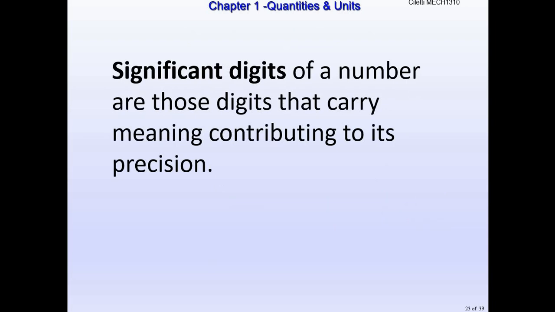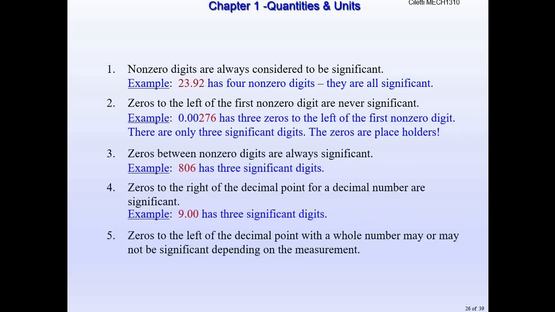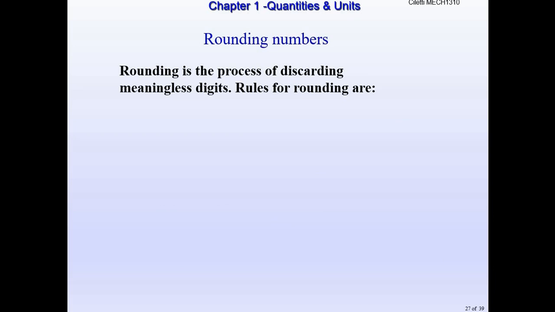This is where it comes into significant digits. I'm not going to cover a lot of this. If you understand scientific notation and engineering notation, those are the biggies, and that's the main focus of these, all right? So I'm not going to break through all these. You can read through them. I'm not going to test you on those. The one I do need you to remember, though, is how to round numbers.